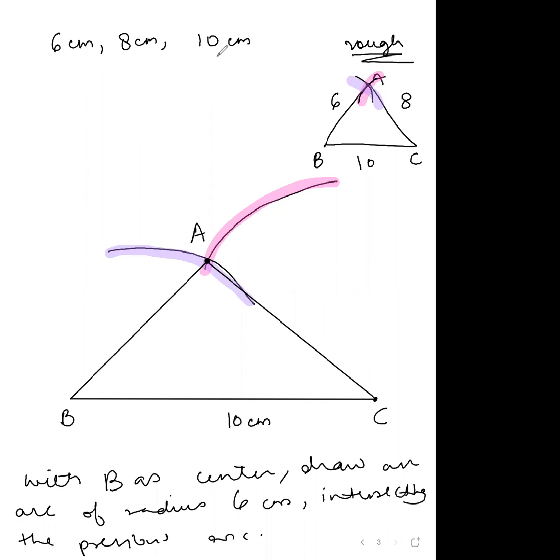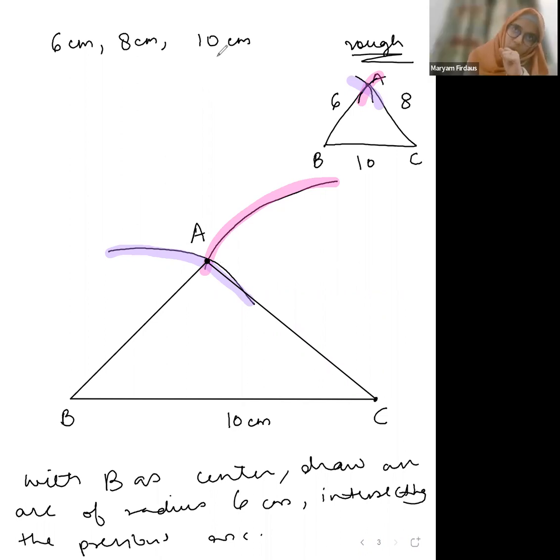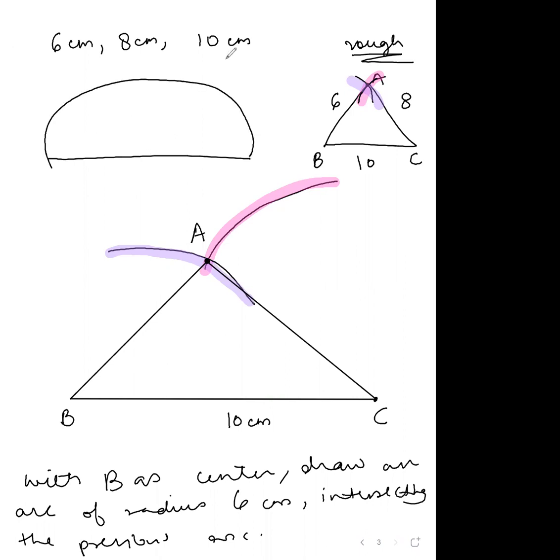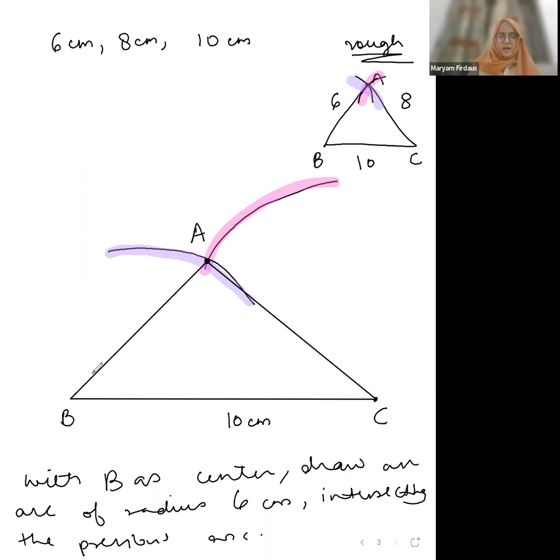How do we measure them? Hiba, do you remember one day I showed you how to measure an angle using a protractor? Yeah. What is a protractor? Your protractor is that semicircle shaped thing. Which angle do you want to measure?